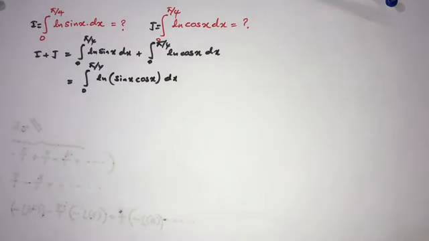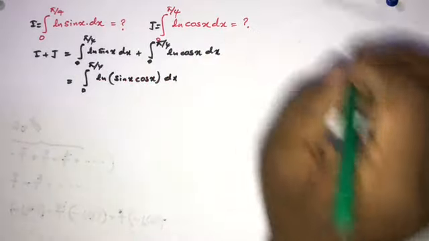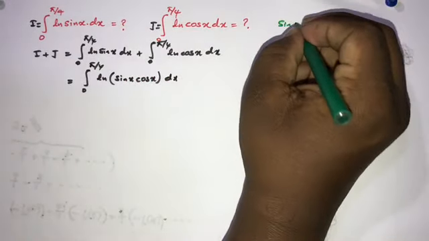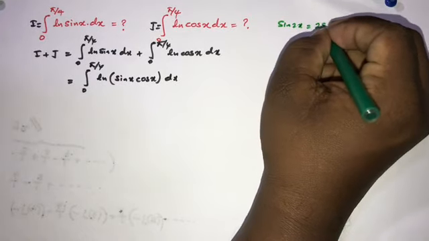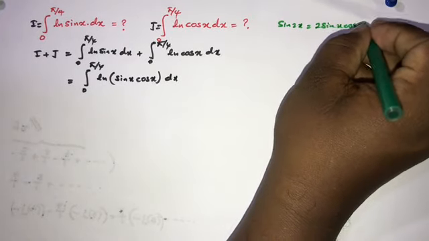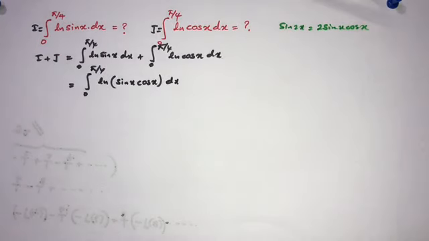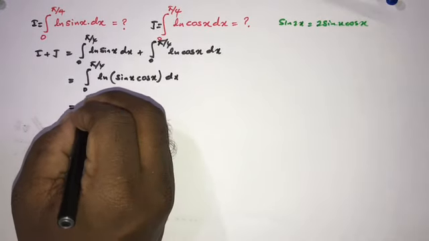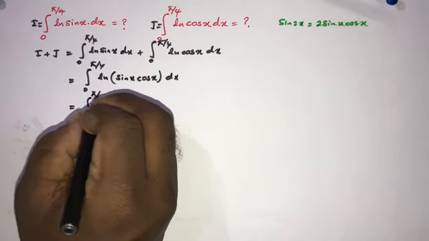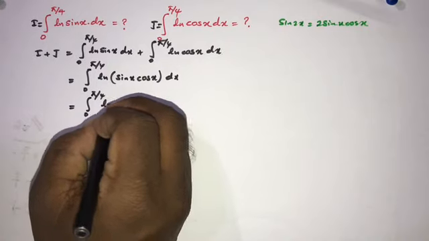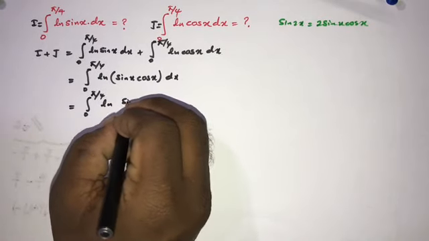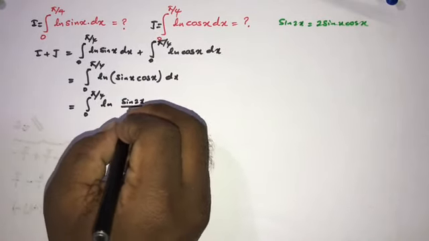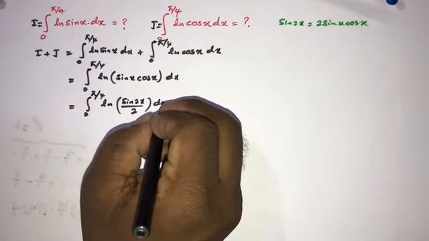Then we know the double angle formula: sine of 2x is equal to 2 times sine of x cosine of x, and now we can isolate sine of x cosine of x. So this is equal to the integral from 0 to pi over 4 of natural log of sine of 2x over 2 dx.